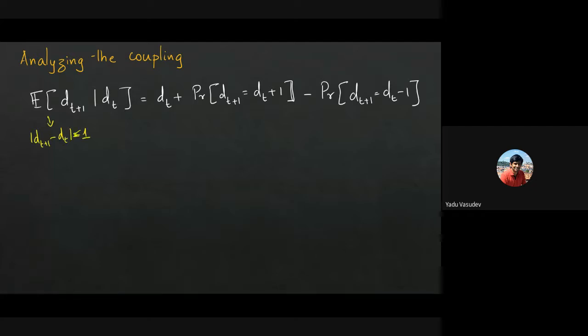It can take either values 1, 0, or minus 1. And if you use that fact, what you will get is that the expectation of Dt plus 1 given Dt is just Dt plus the probability that Dt plus 1 is equal to Dt plus 1 minus the probability that Dt plus 1 is equal to Dt minus 1, right? You just use the fact that Dt plus 1 can be either Dt plus 1, Dt minus 1, or Dt itself, right? That will give you this equality.